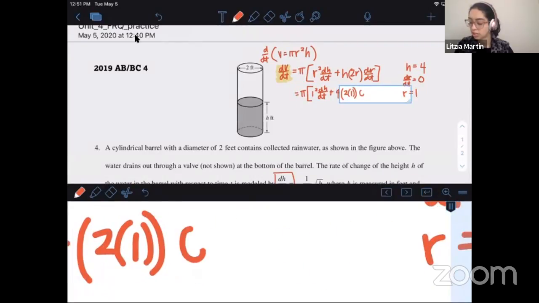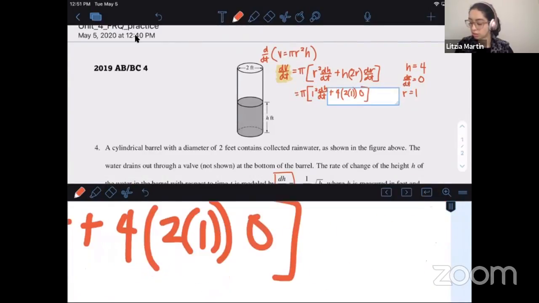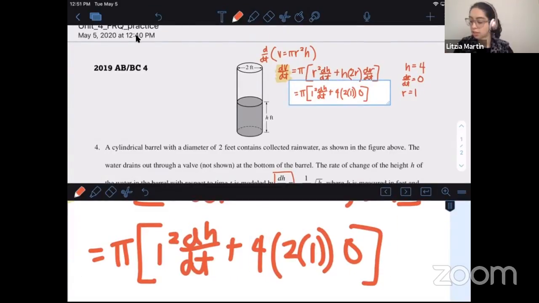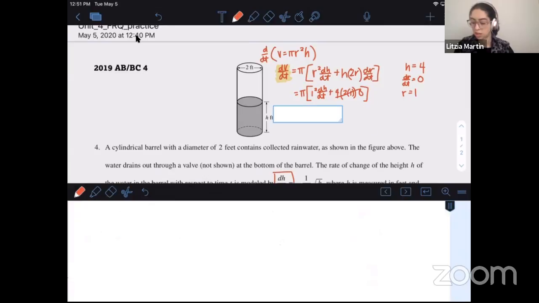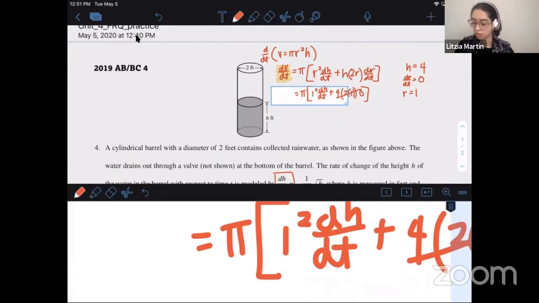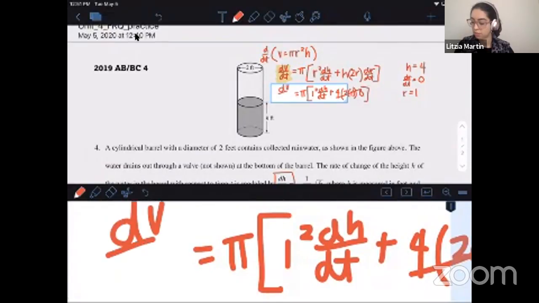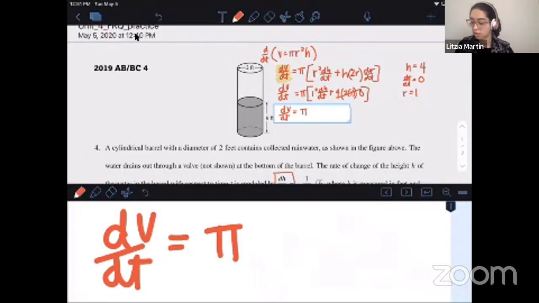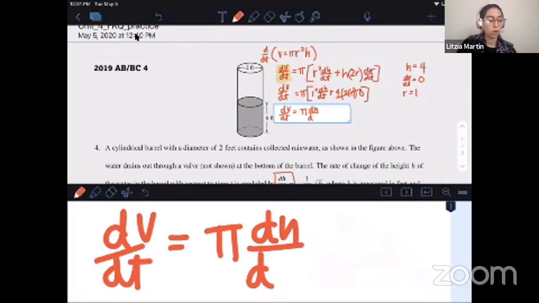So the nice thing is this is just going to cancel out to 0, right? So this will just become dv over dt is equal to pi times dh over dt.